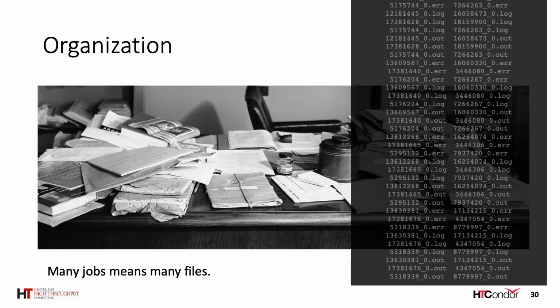And that makes it hard to work and find your actual results. So it's important to start thinking about this and taking some organizational measures before you get too far into submitting multiple jobs. So we'll present a few options for doing this over the next few slides.